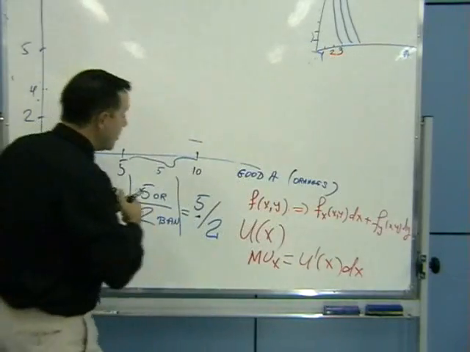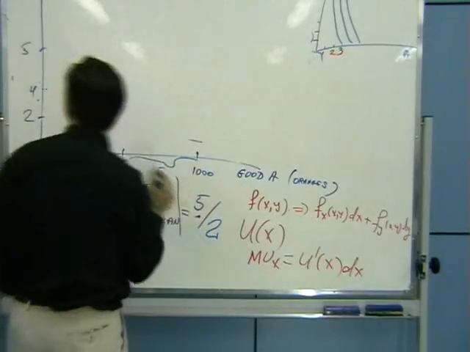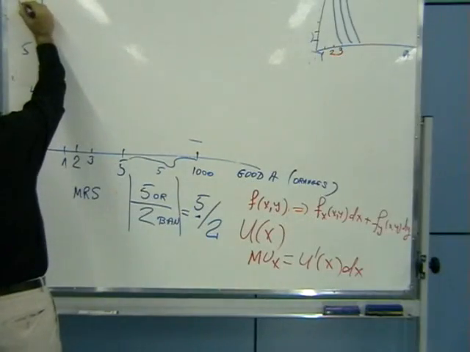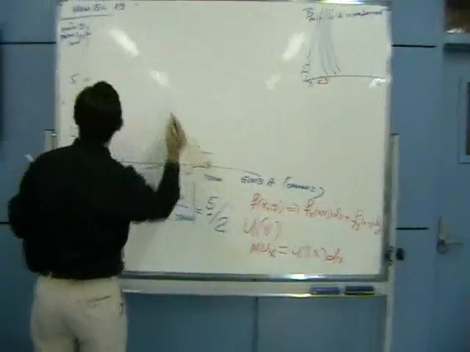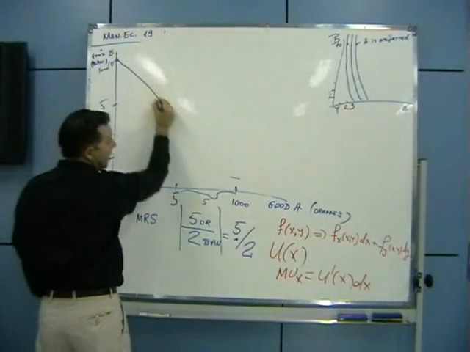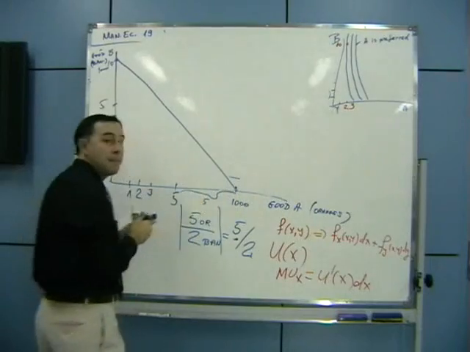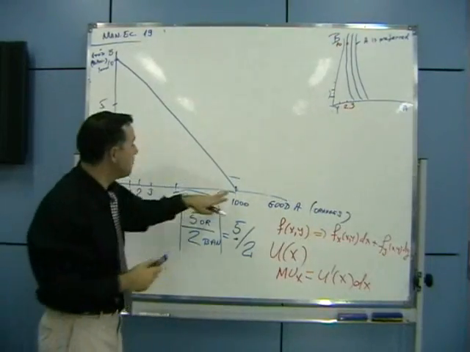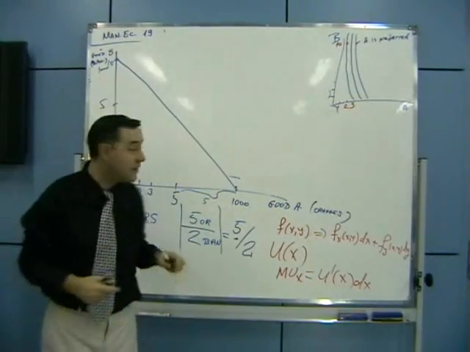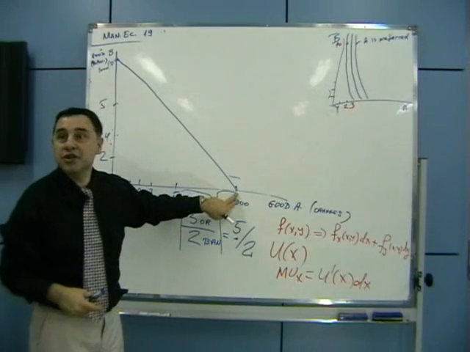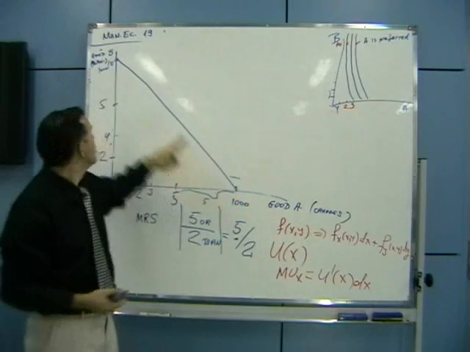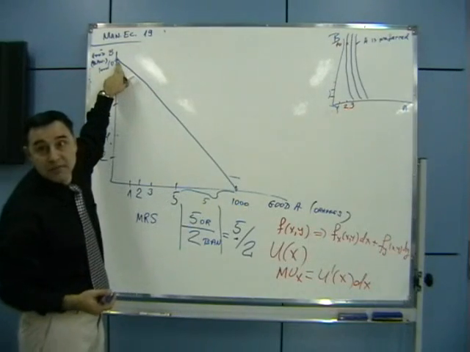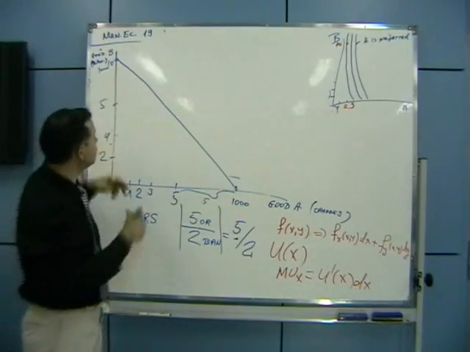So we put in here 1,000 and here again 1,000. The price is 1, the price is 1. So you draw the line here. And when this price is 1 and this price is 1, you can get 1,000 of the one and 0 of the other. You can get 1,000 of the other and 0 of the first.